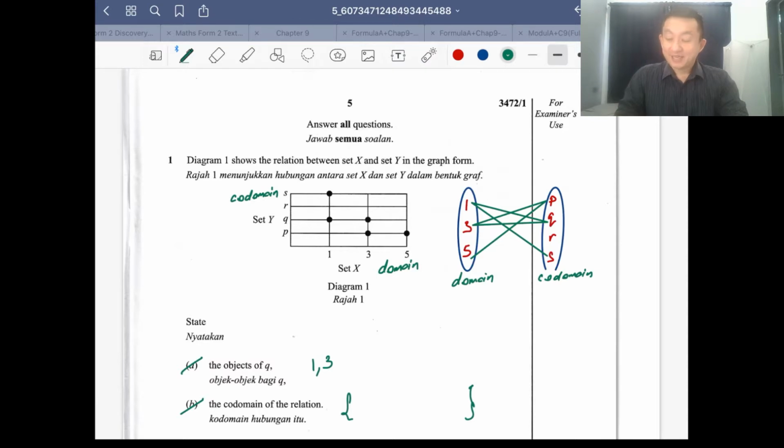Codomain basically includes the images that have been mapped to the objects, the images that have been connected to the object. So it's not PQRS, but PQS only, because R is not connected to any object. So you write PQS. Alright?